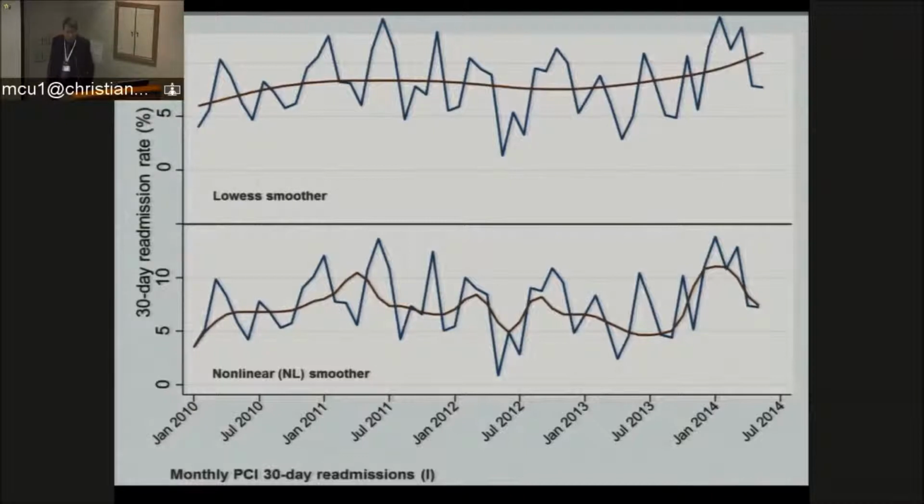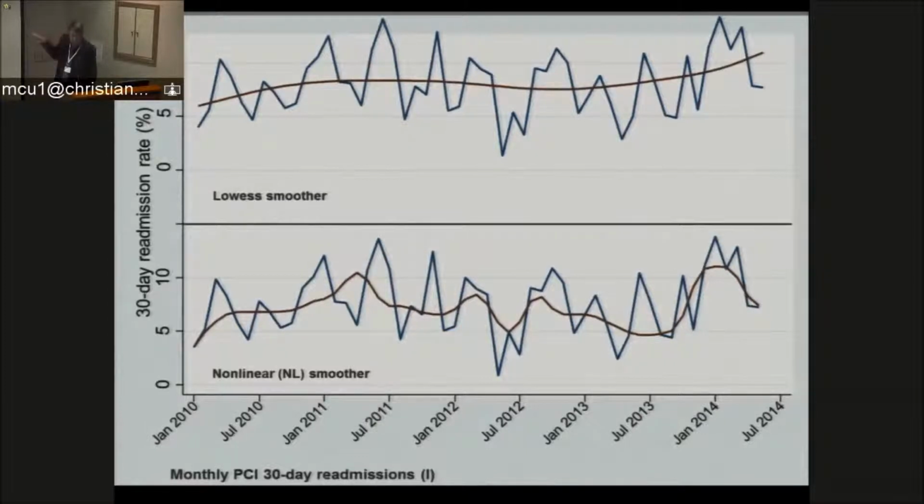And you can see that really smooths it out. In fact, it's probably so smooth that it's not too informative. But the bottom one is a nonlinear smoother, and you can see that it's smoother than the original series, but it's more jagged than the regression smooth line.